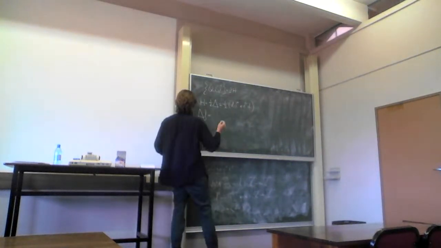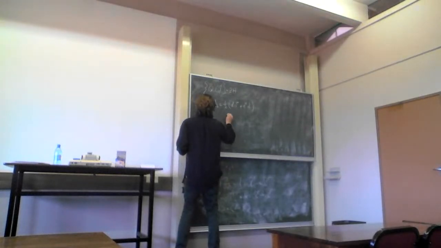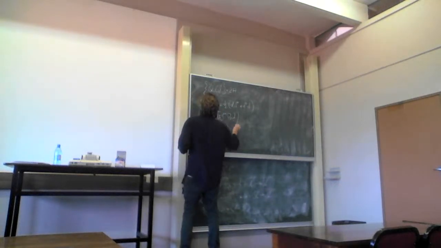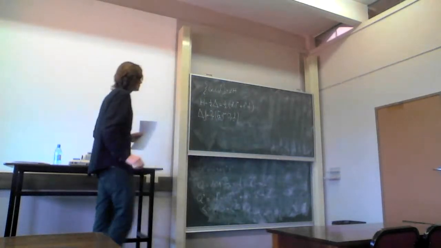So this acts on a function in the usual way that the Laplacian acts. Now I didn't write it down, so I'm probably going to make a mistake, but it's something like one over root g, a derivative, g, and then another derivative, something like this.